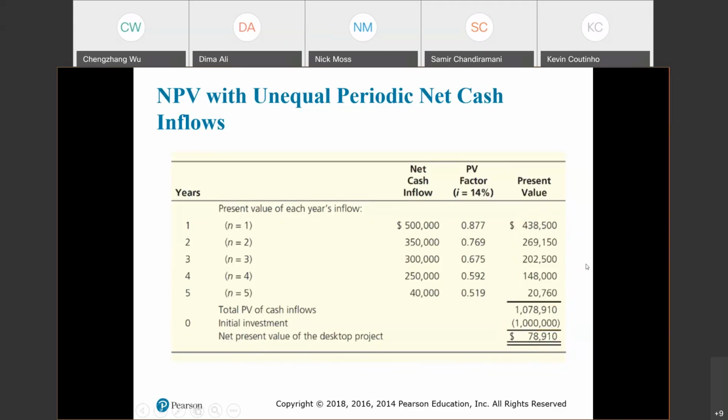Well, as you can see, the NPV for both projects are positive. So that indicates that both projects are attractive.